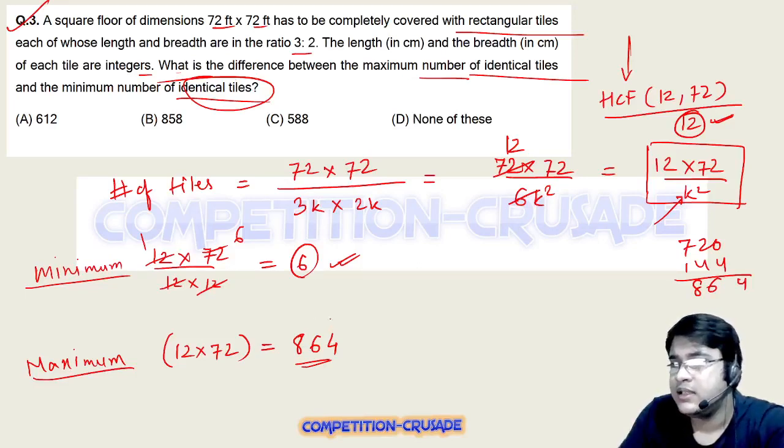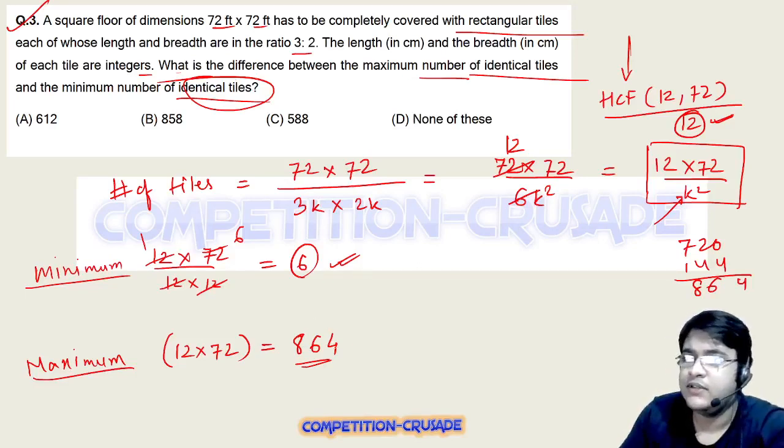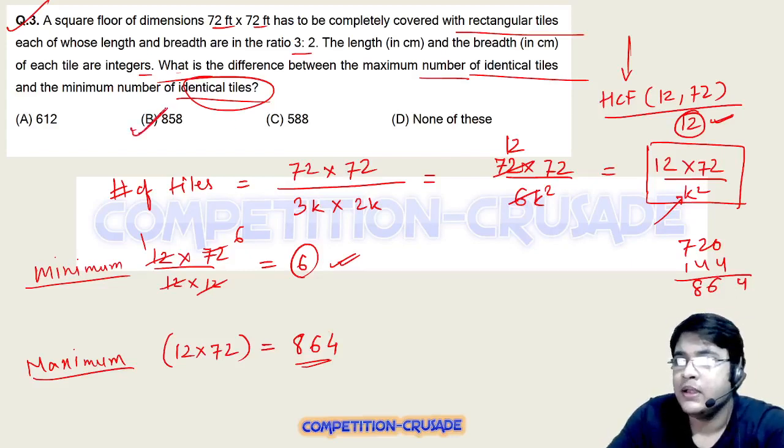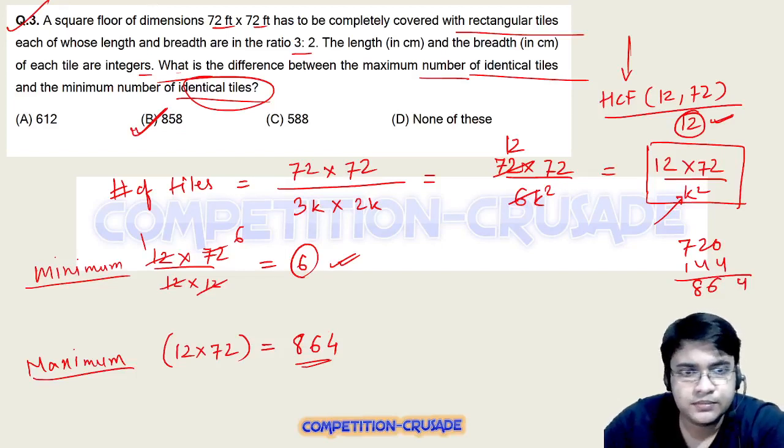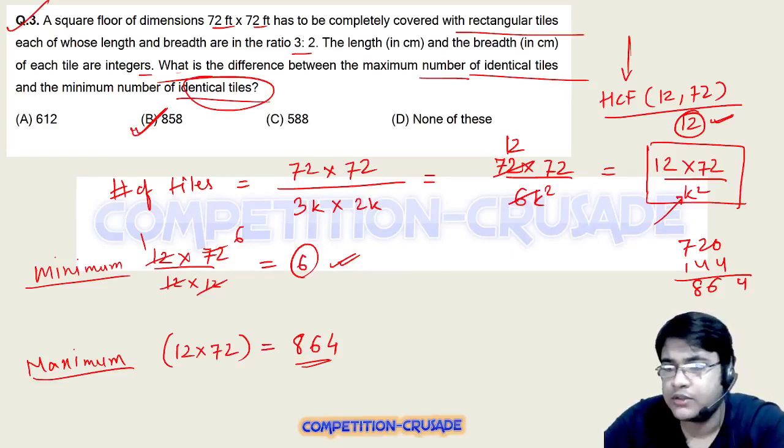So 864 minus 4 is 860, and 860 minus 2 is 858. So B is the answer to this question. I hope this makes sense. Okay, let's go to the next question.